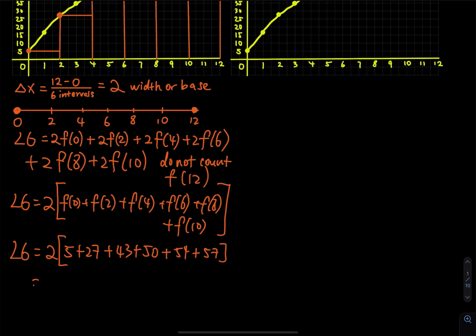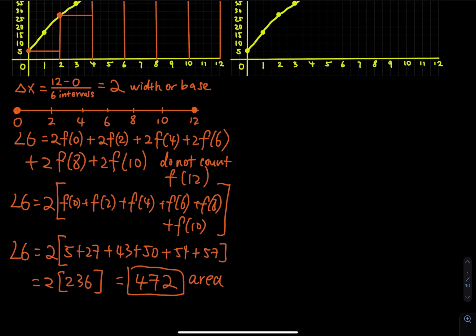And then that is equal to 2 times the sum. The sum is 236, and then 2 times that is 472. And then this is the area under the curve using the left sum, 6 subintervals, or 6 subdivisions. All right, so that is L6.